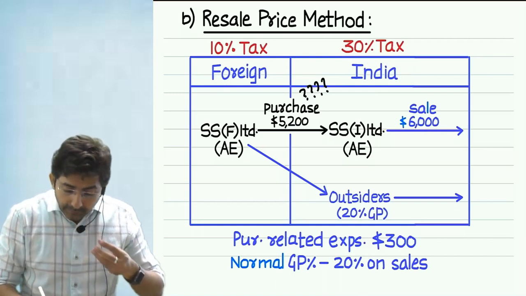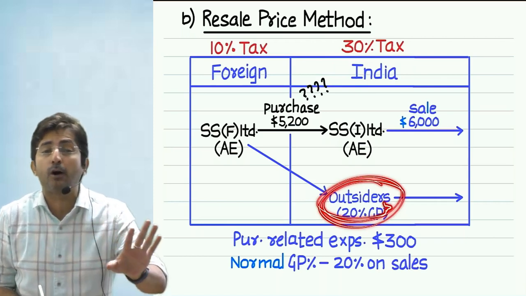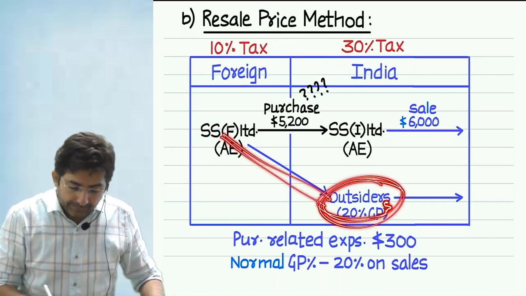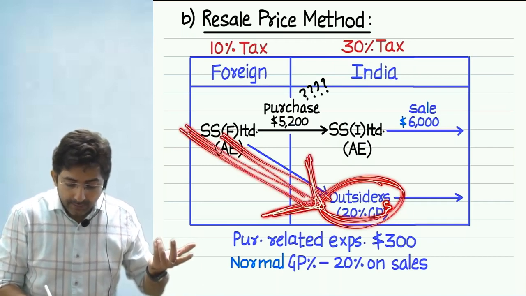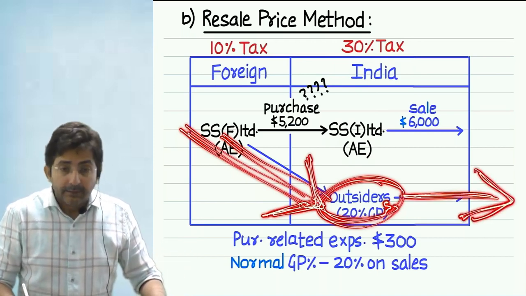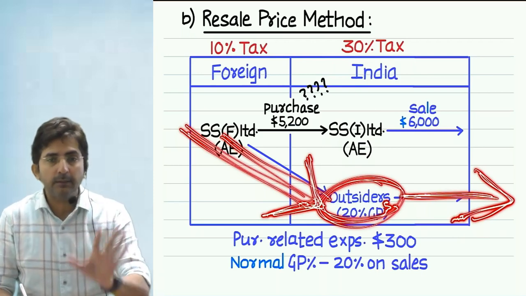If outsiders who are not associated with the family of Samsung buy mobiles from Korea and sell them in India, their profit margin is 20%. This will be given in the question.